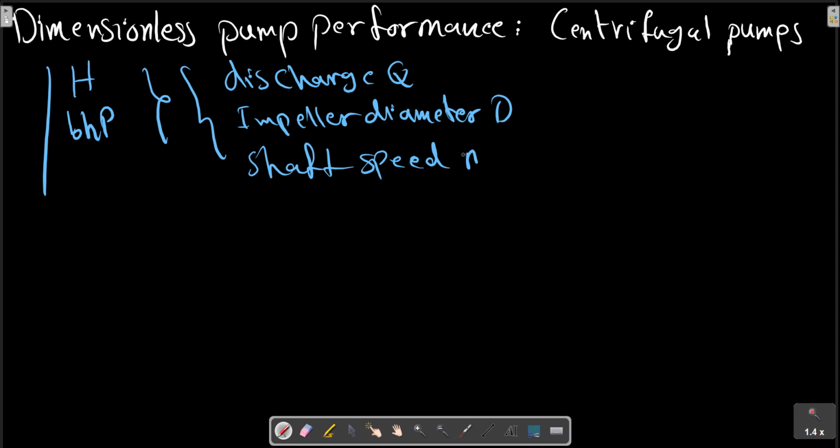And at least other possible parameters are the liquid density rho, viscosity mu, and the surface roughness epsilon.